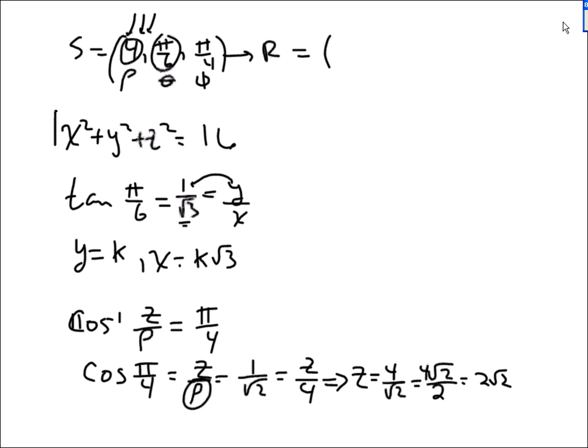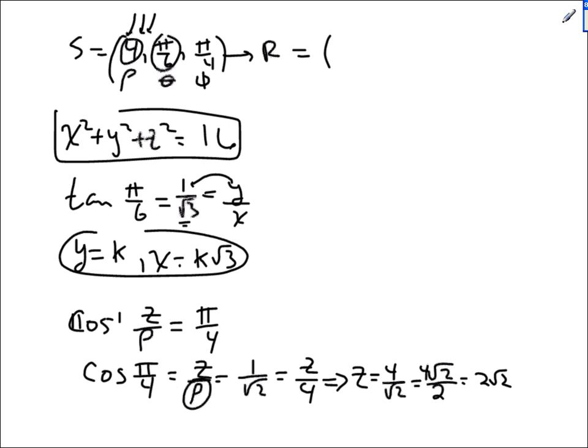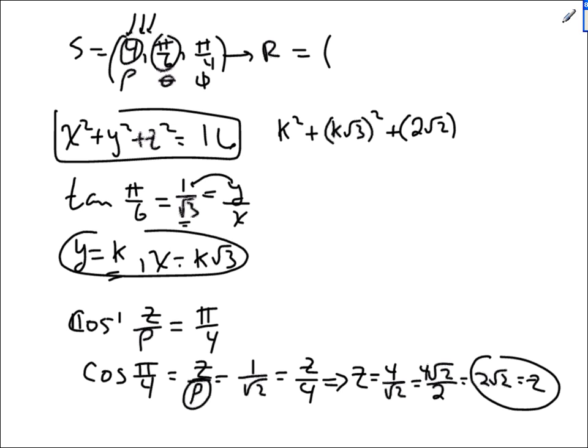Okay. Armed with this equation and the value for z, we're ready. x is k x squared plus y squared plus z squared must equal 16. k squared plus k squared is k squared. Square root of 3 squared is 3.